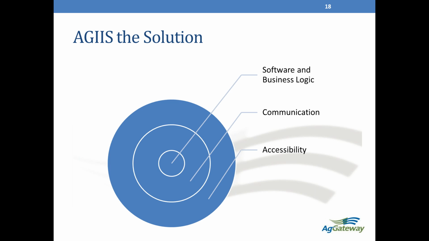So that second layer is really a communication layer. We have several notifications or extracts that our subscribers receive. If somebody, as I mentioned earlier in the presentation, has an entity in their subset, that means they've told the AGIIS database that they do business or they care about this entity, and any time it gets updated, they would like to receive a notification.